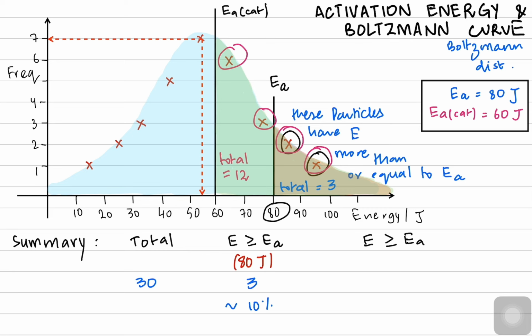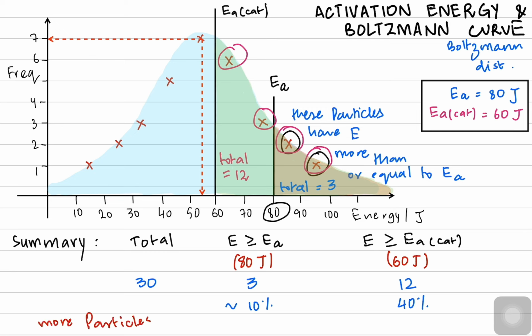In the presence of a catalyst, the scenario was changed. Now the activation energy was 60 joules. And 12 particles had energy more than or equal to activation energy. That is 40%. So now 40% of particles qualified for the reaction.